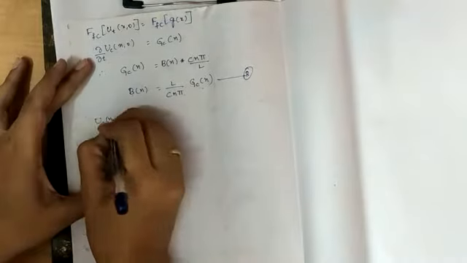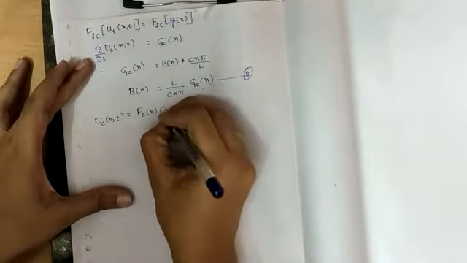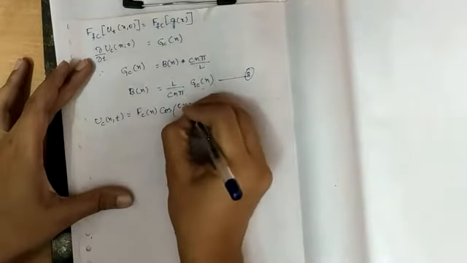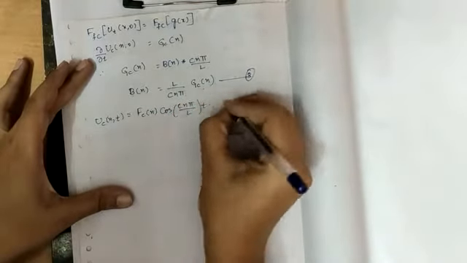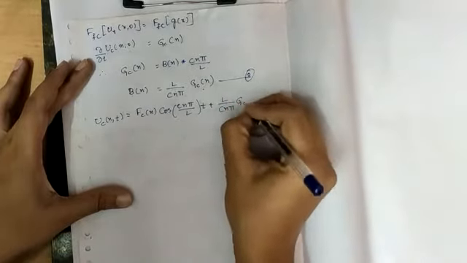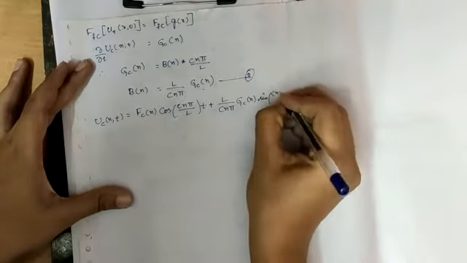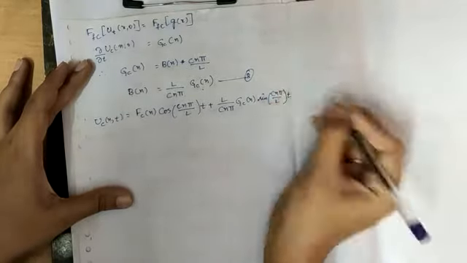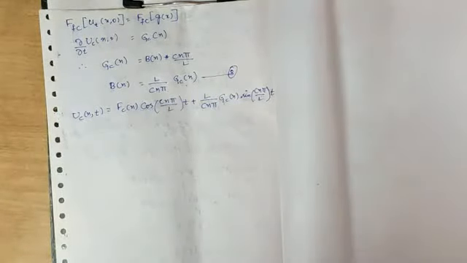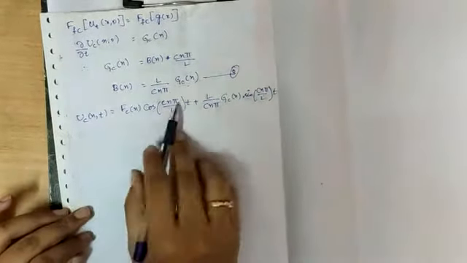Uc of n comma t is equal to fc of n into cos cn pi by L into t plus L by cn pi into gc of n into sine of cn pi by L into t. Okay. Now what is the next step? You have to take the inverse finite Fourier cosine transform on both sides of this equation.